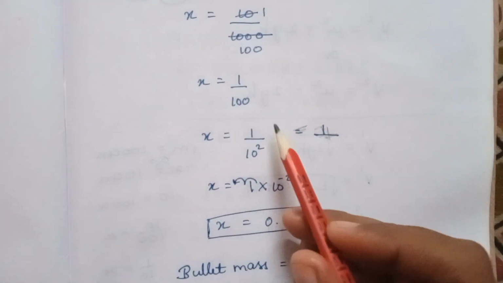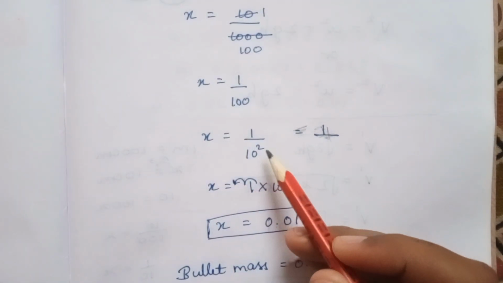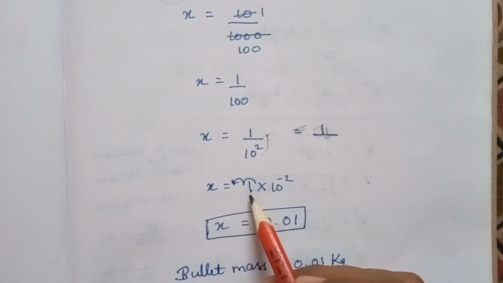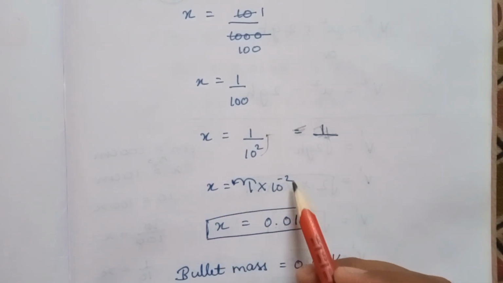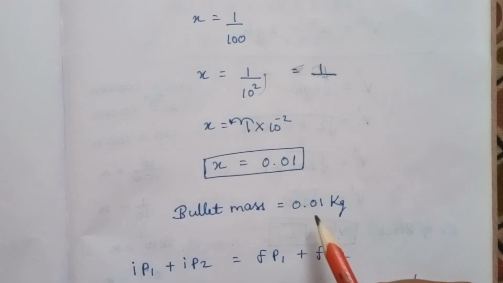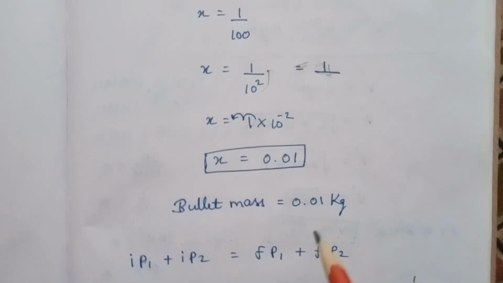That is 1 into 10 to the power of minus 2, so x is 0.01. Bullet mass is 0.01 kg.